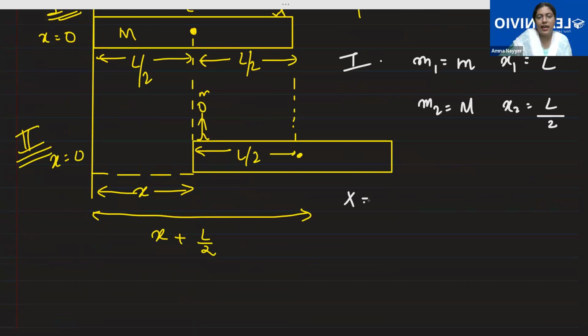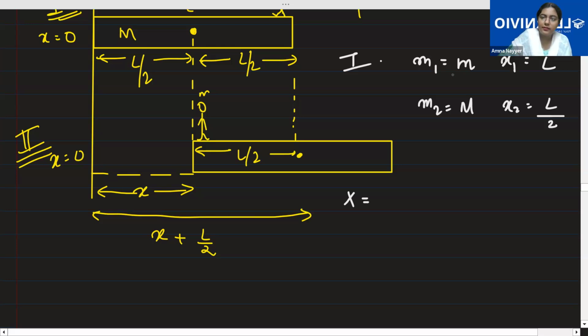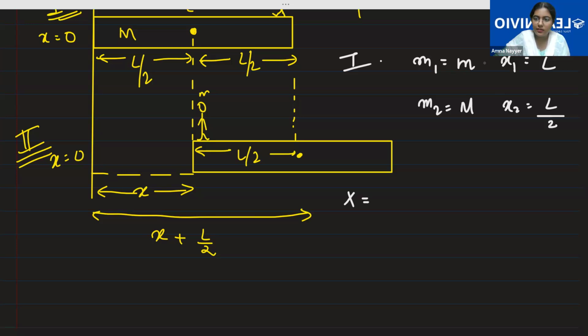Now here, if we apply the center of mass formula, let's say this is x. So yes, someone try this. Nabila, can you tell me? See, everything is written already here. M1 X1 by M1, yes. Put the values.